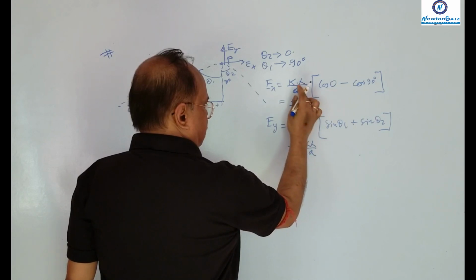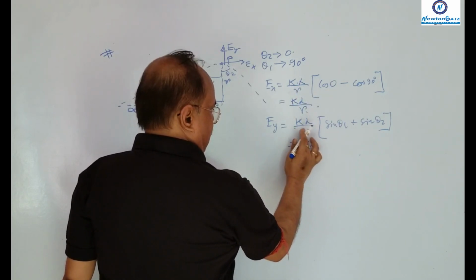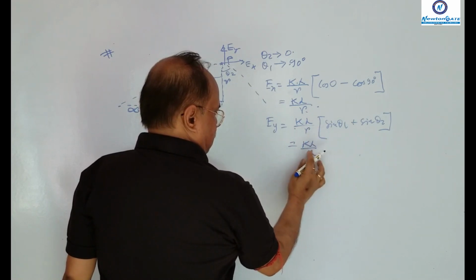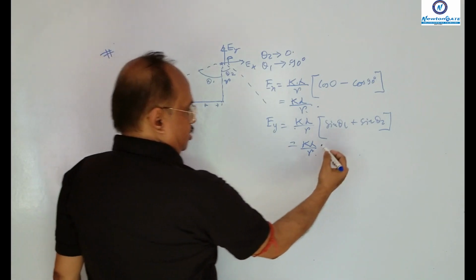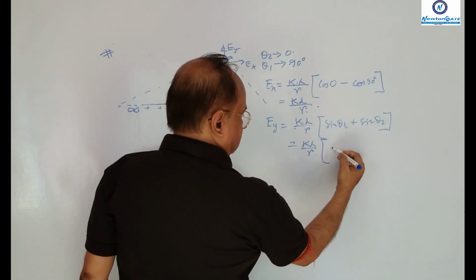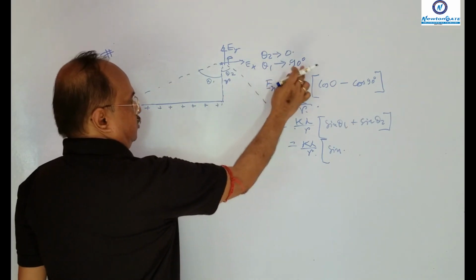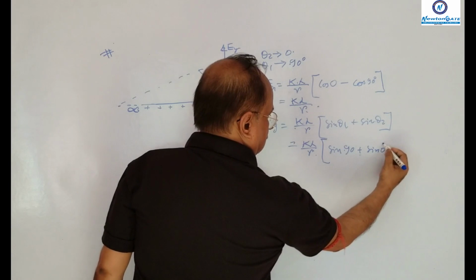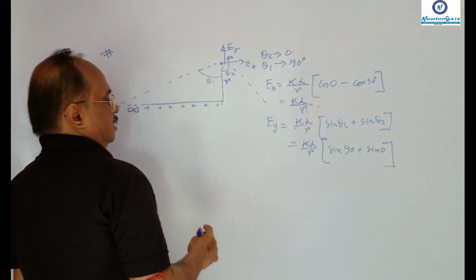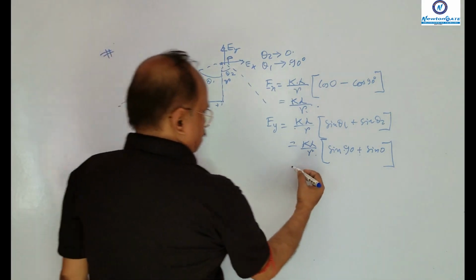This will also become r, and this is also r, because we are taking the distance as r. It will be sine theta 1, which tends to 90 degrees, so sine 90 plus sine 0.